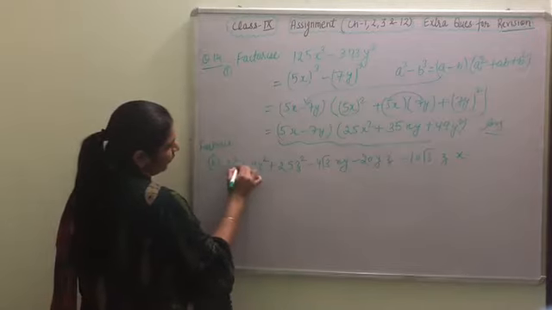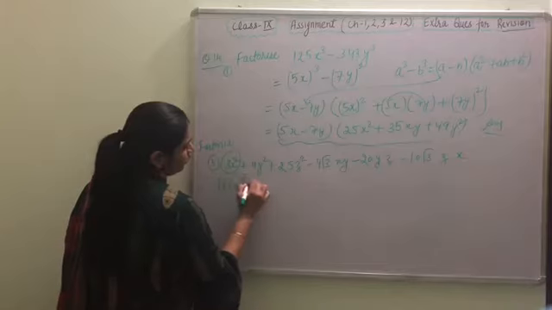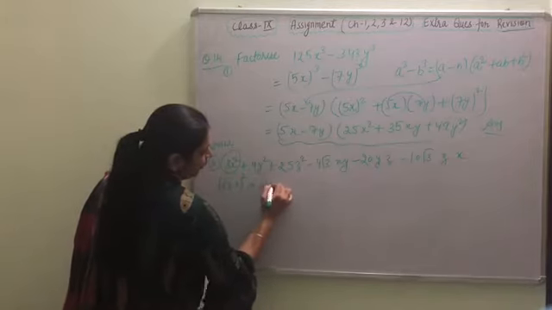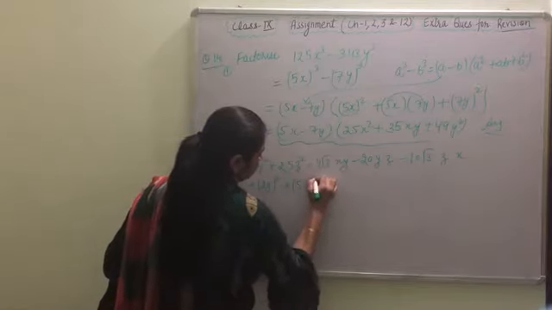Now look here, 3x square. This term we can write as (root 3 x) square, 4y square as (2y) whole square, 25z square as (5z) whole square.